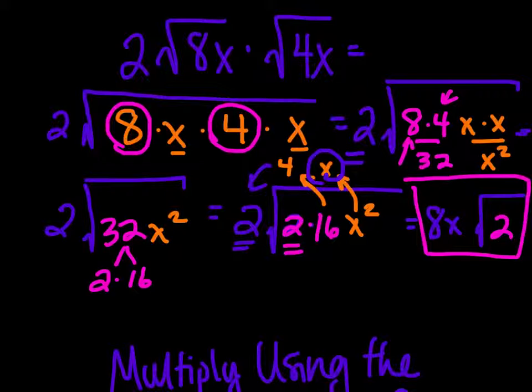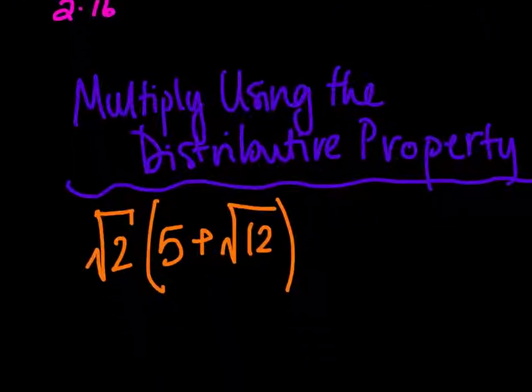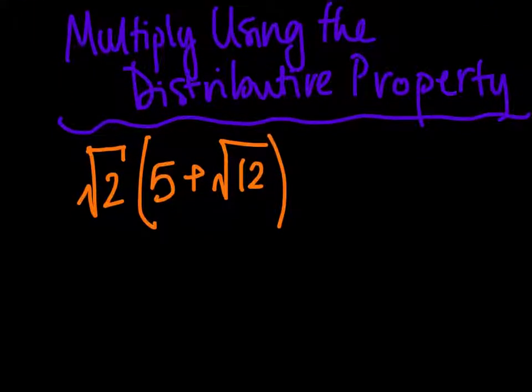Now there's a couple other ways that we can use multiplication with radicals. We can also multiply using the distributive property. So getting back to our roots at the beginning of the year, we can use the distributive property to distribute this square root of 2 inside of our equation. So we have the square root of 2 times 5 plus square root 12.